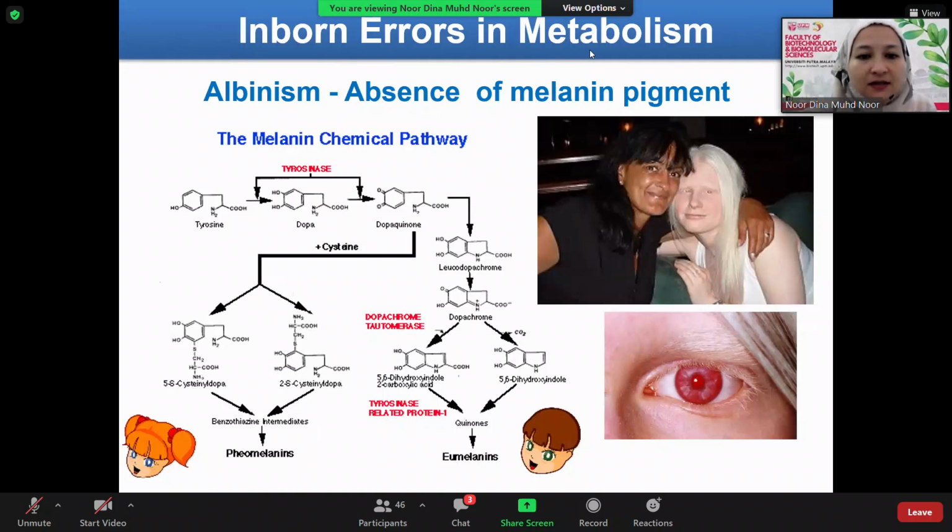And we also have albinism, the absence of melanin pigment. Actually, tyrosine can go through many pathways, even though it's just a small amino acid, with many enzymes involved.